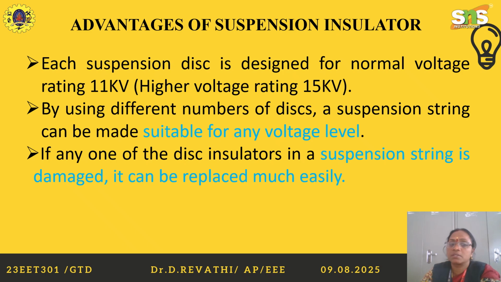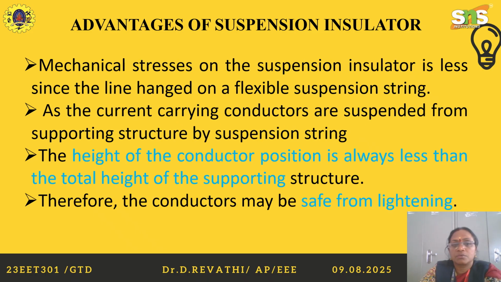Another advantage is that if a suspension string is damaged, it can be replaced easily. Another advantage is that the conductor portion is always less than the total height of the supporting structure, so the conductor may be safe from lightning. These are the advantages of suspension type.